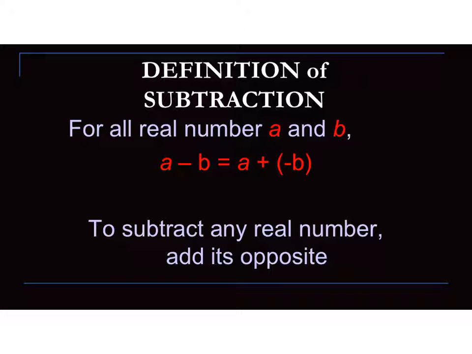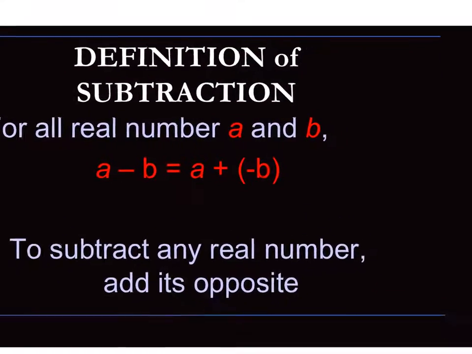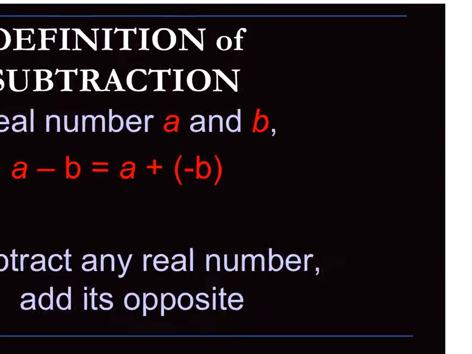So one great thing about subtraction is every single subtraction problem in the world can be turned into an addition problem. So let's say that I had something simple. We all understand that 8 minus 5, we all know the answer to that, right? But I'm going to do a little math magic here.